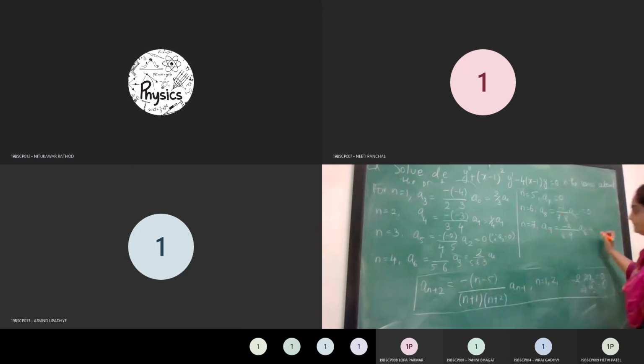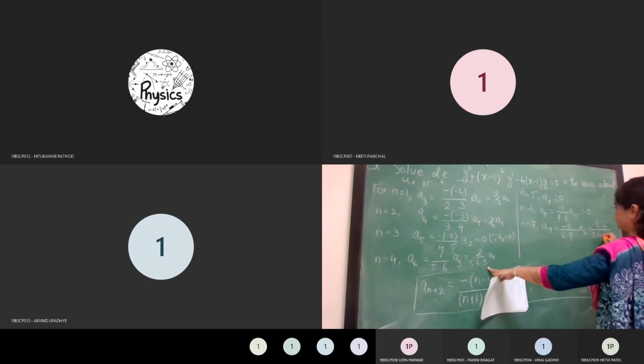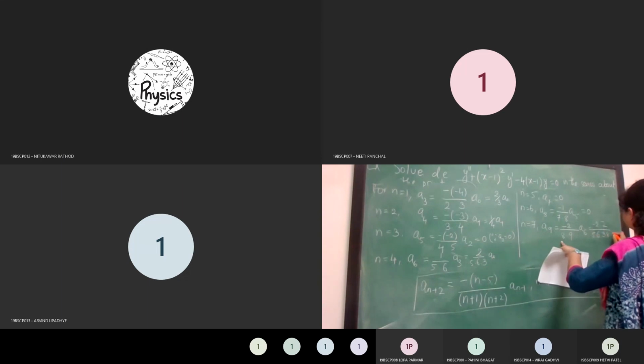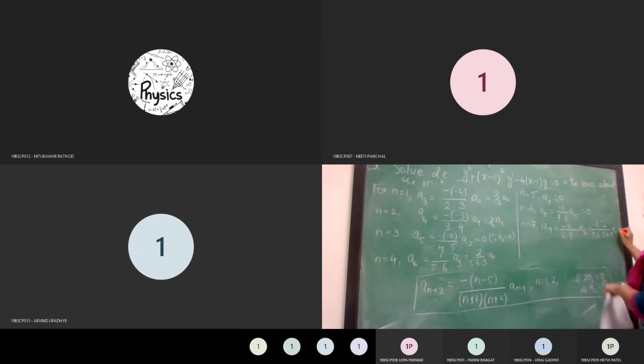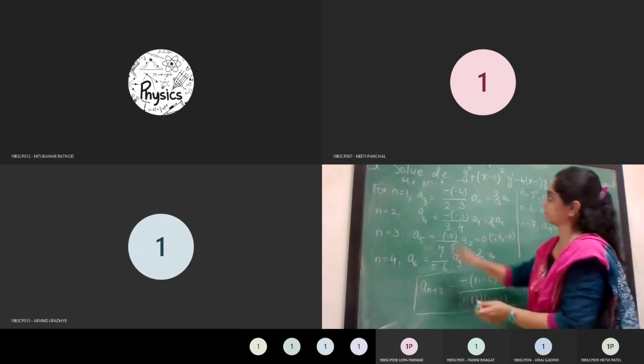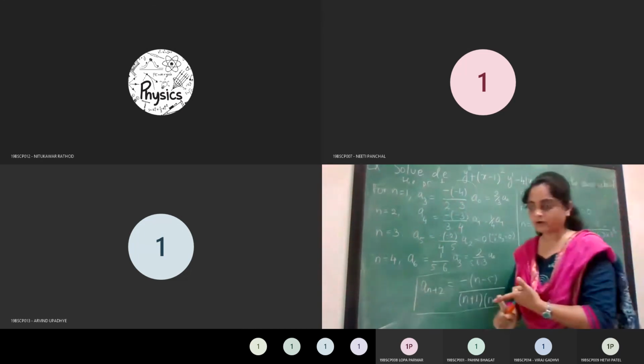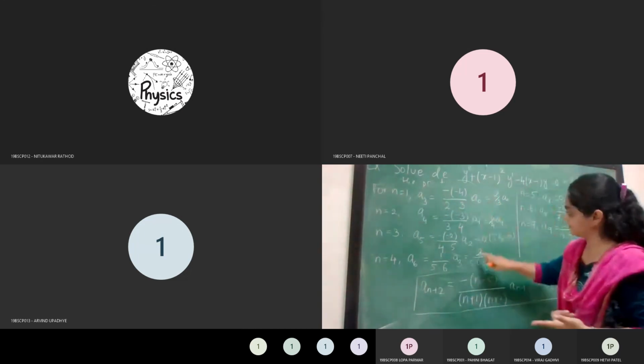So this one will be, I am not writing the simplified form. This is minus 2 into 2 upon 5 into 6 into 3 into 8 into 9, A0. What I mean to say is, why I am computing up to 7 is because I wanted to show you that ultimately all the coefficients will be either 0 or in terms of A0.